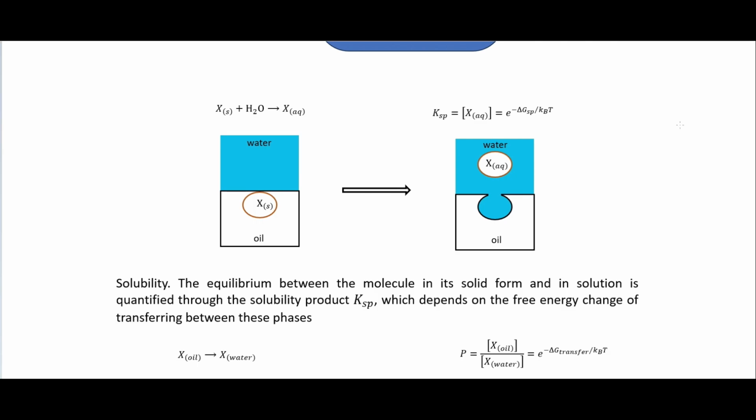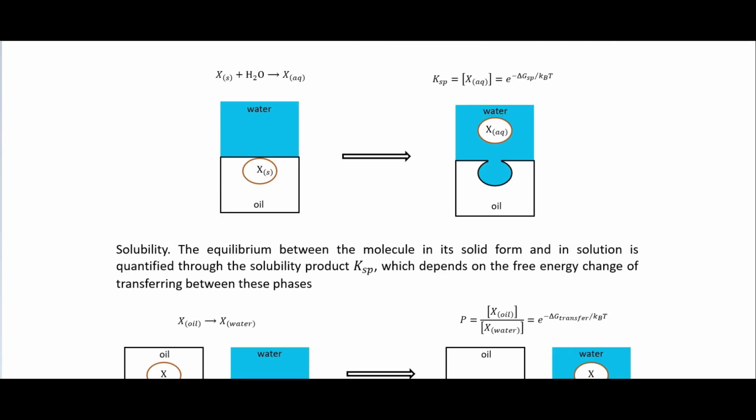And so we can think about the partitioning here in a little bit more thermodynamic detail. So we have some molecule here, this X, which is solid in the oil, and we have this moving into the water here and dissolving into the water. So the equilibrium between the molecule in its solid form and its solution is quantified through the solubility product, which depends on the free energy change transferring between these phases.